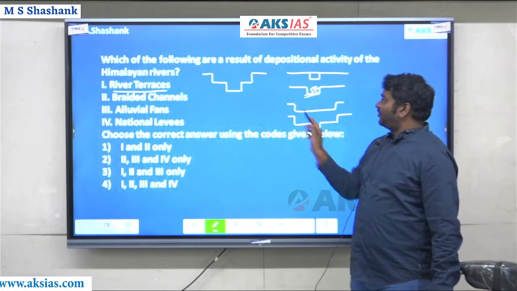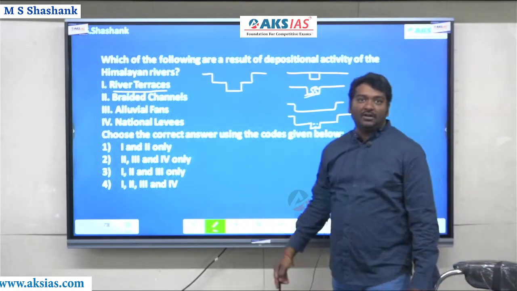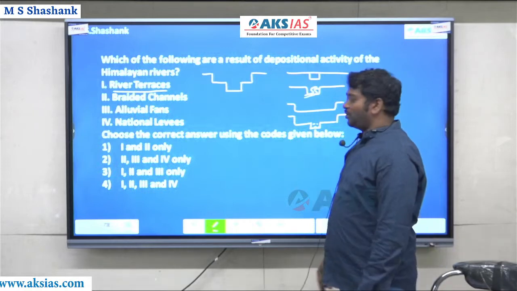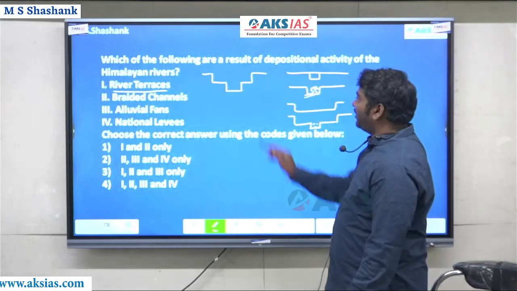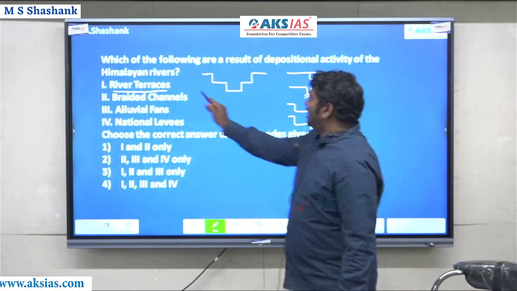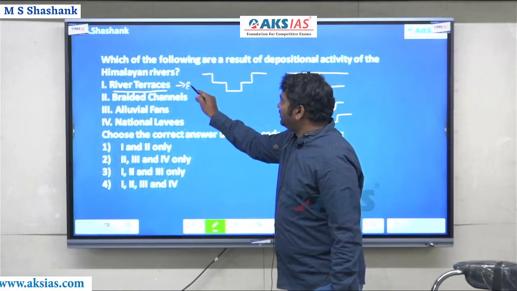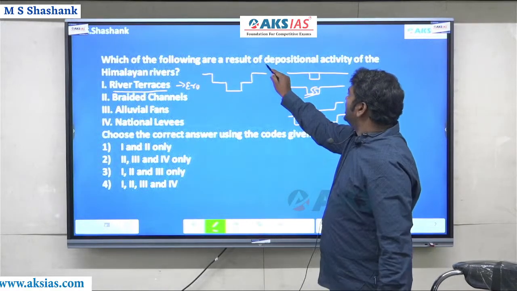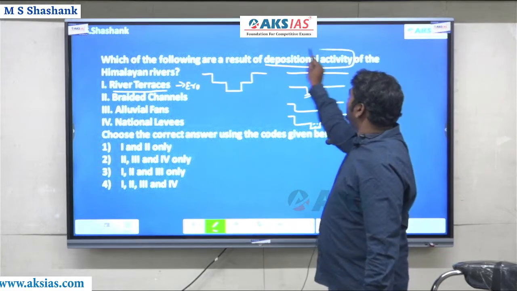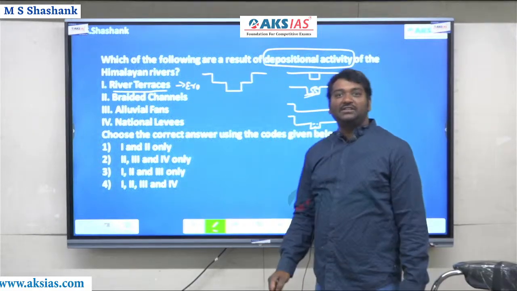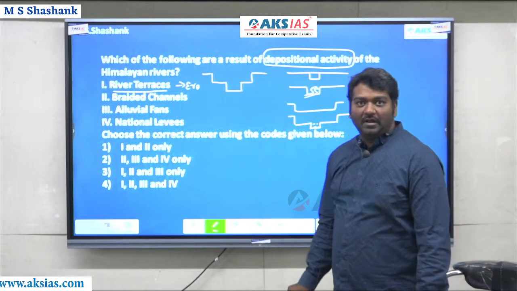So this is formed due to erosion and not because of deposition, right? River terraces is an erosional feature, whereas they are asking you depositional activity. 11th standard NCERT book, right?